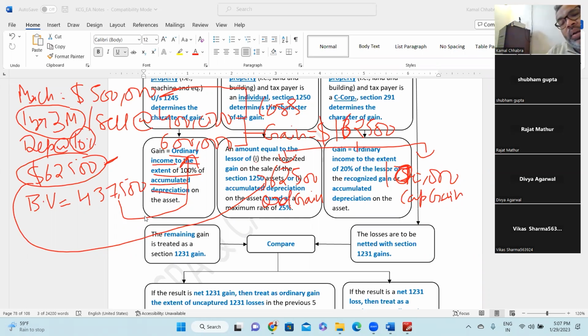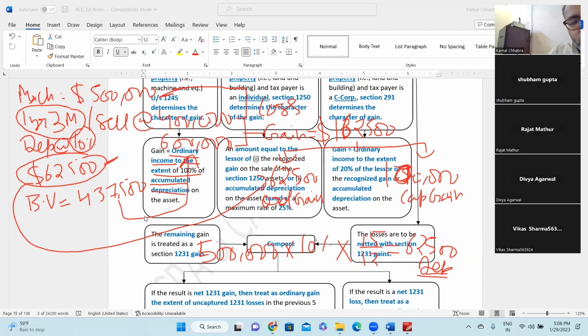Your value is $500,000 multiplied by 10%, multiplied by 15 by 12. 15 months divided by 12 months, right? How much is it? 62,500. That's how we calculate this depreciation for 1 year, 3 months. Got it.